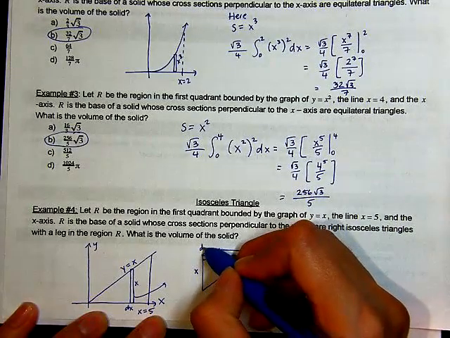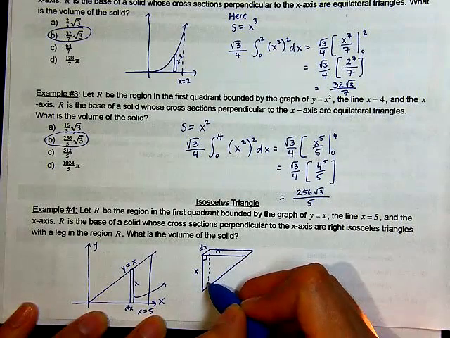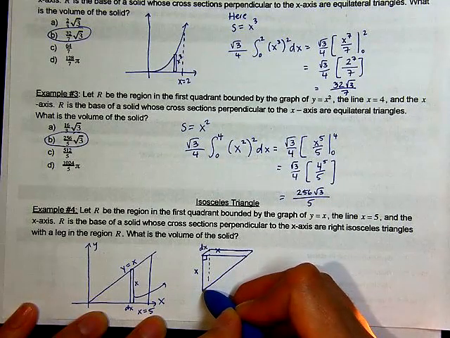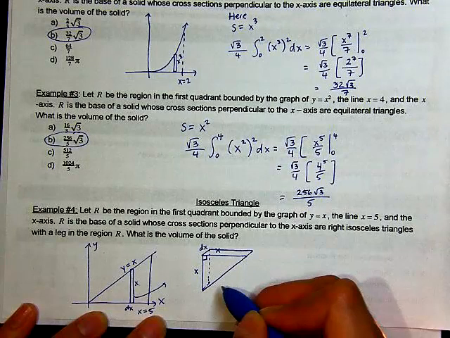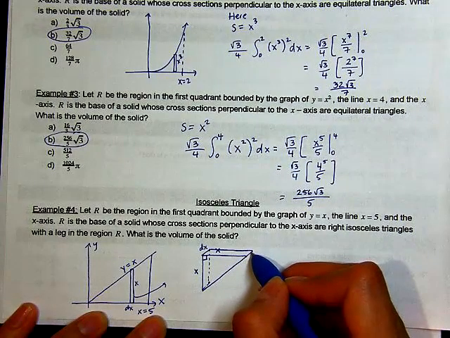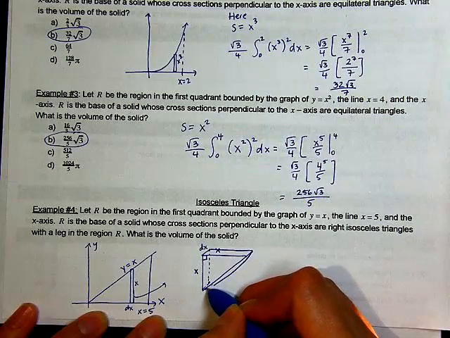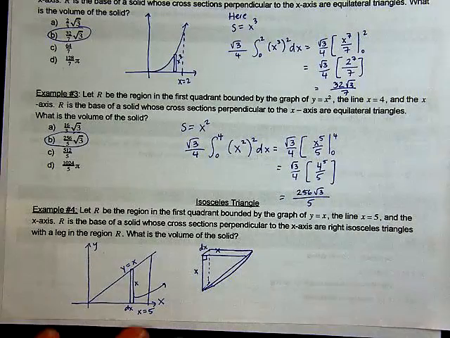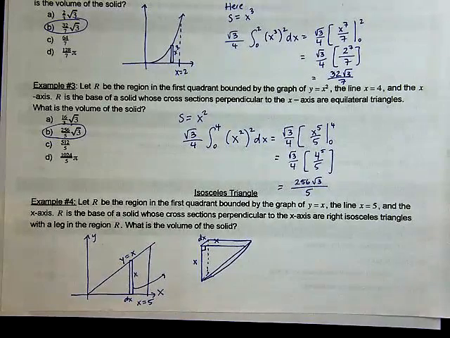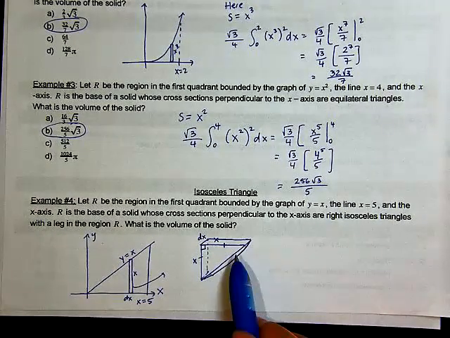And this is dx thick. Obviously, this is not a great 3D image, but I hope you get the picture. Okay, so these two are equal length.